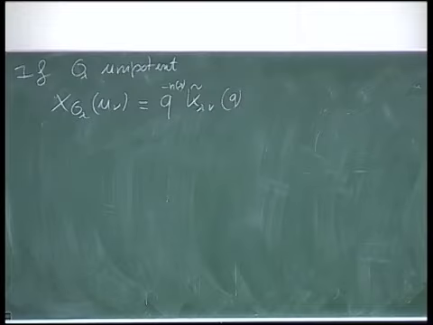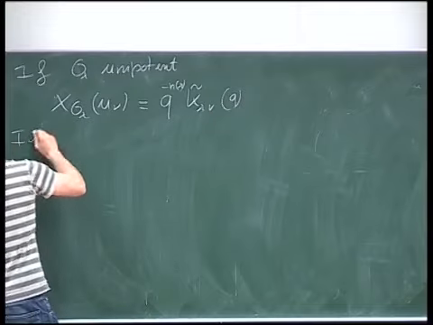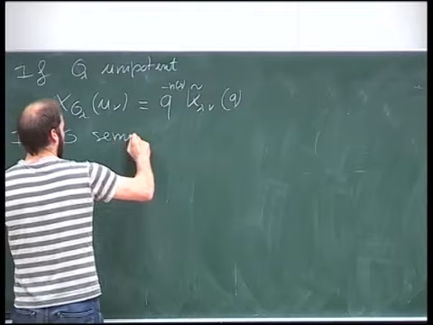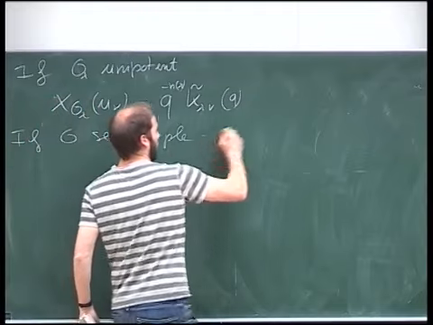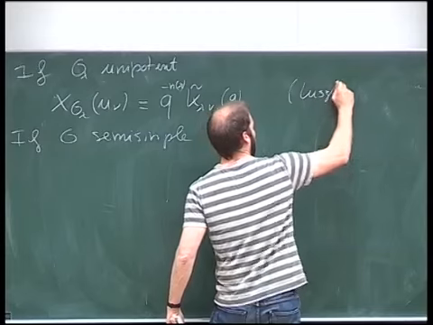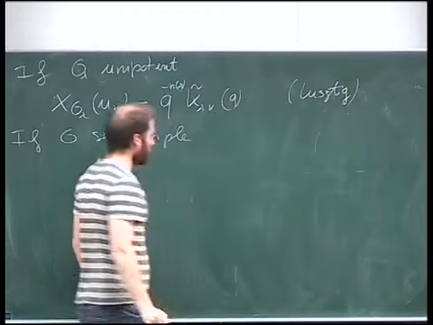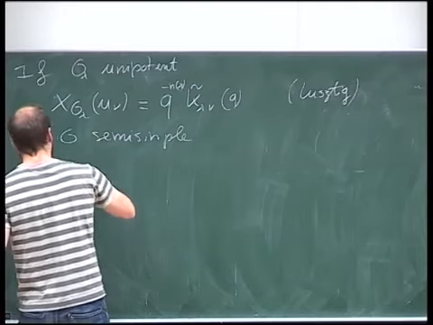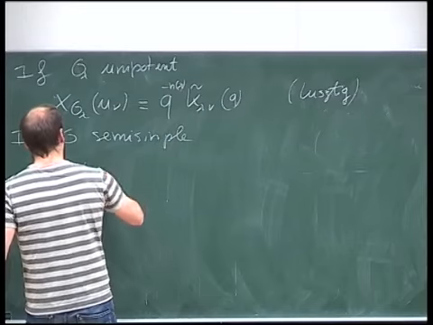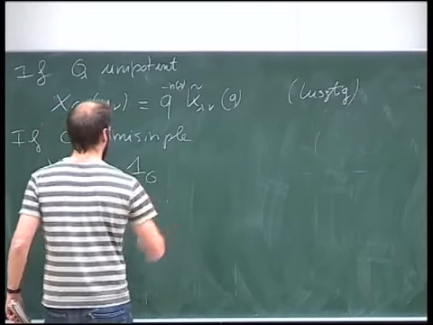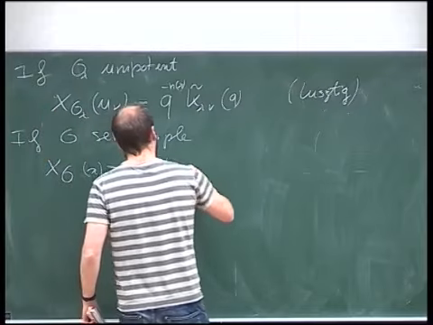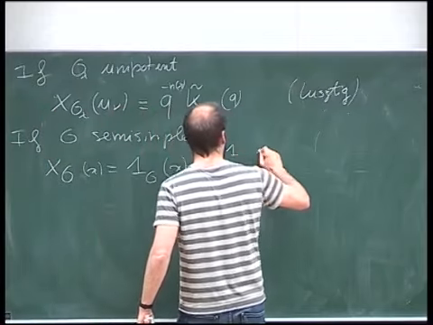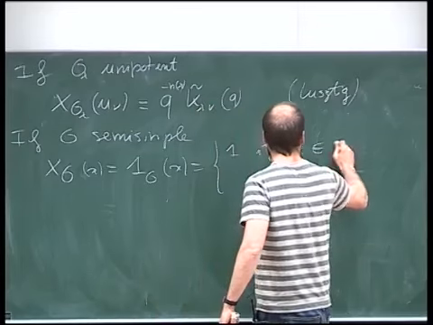And if O is semi-simple, so this is a theorem of Lusztig, then this is just the characteristic function of the conjugacy class O. That is, this is equal to 1 if x belongs to O, and this is 0 otherwise.